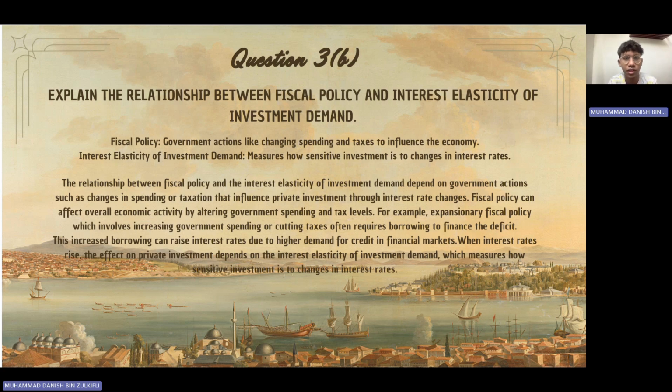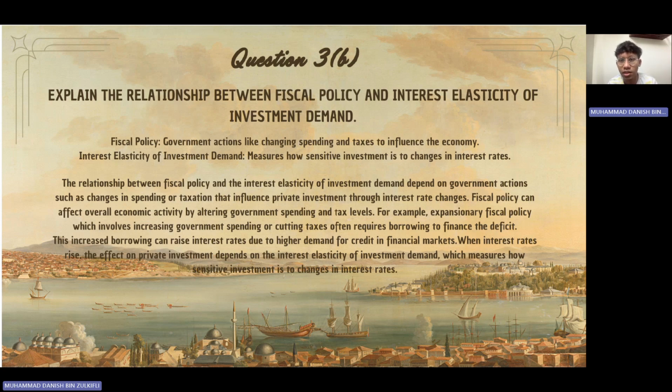The relationship between the fiscal policy and the interest elasticity of investment demand depends on government actions such as changes in spending or taxation that influence private investment through interest rate changes. Fiscal policy can affect overall economic activity by altering government spending and tax level.